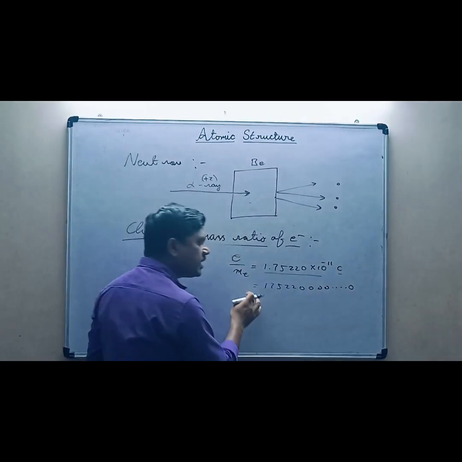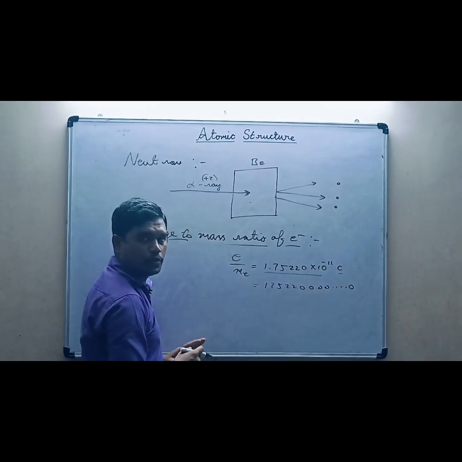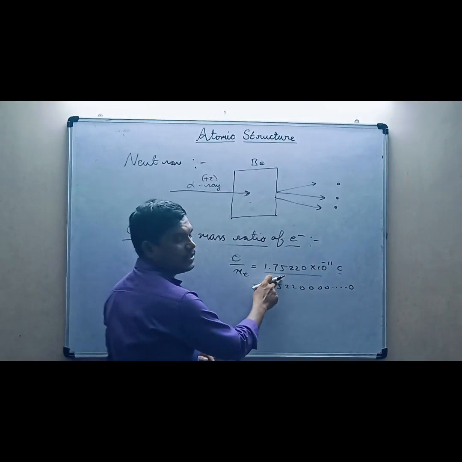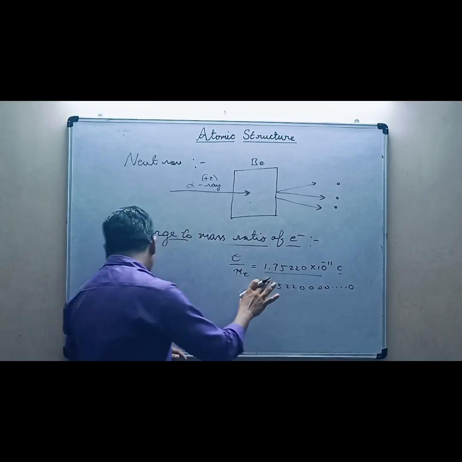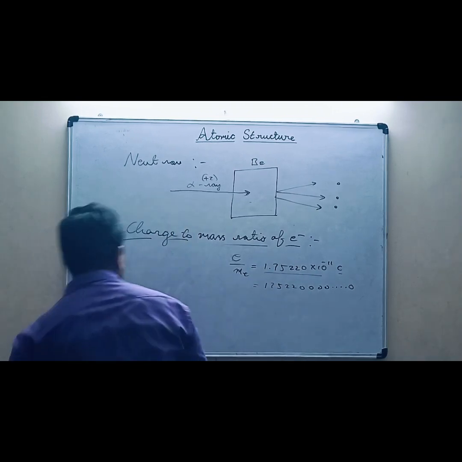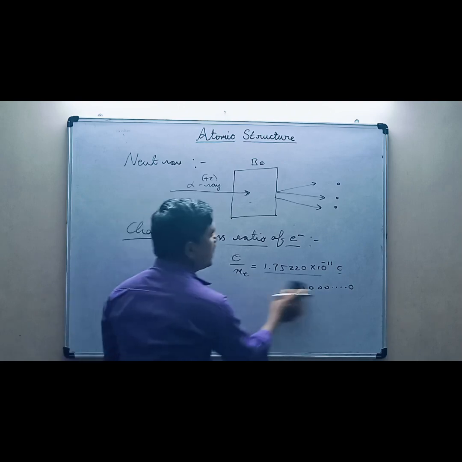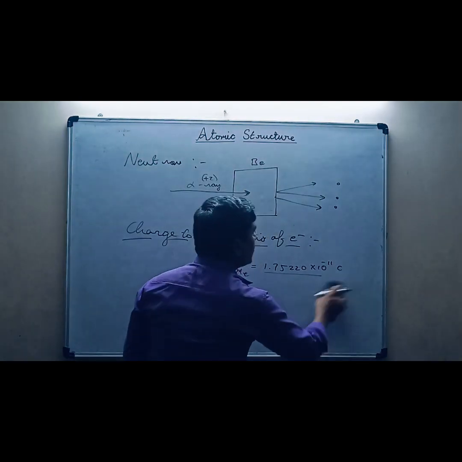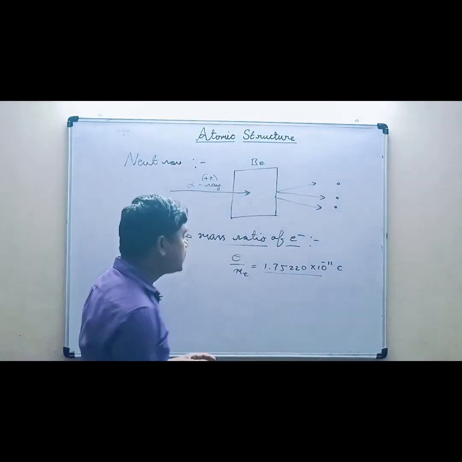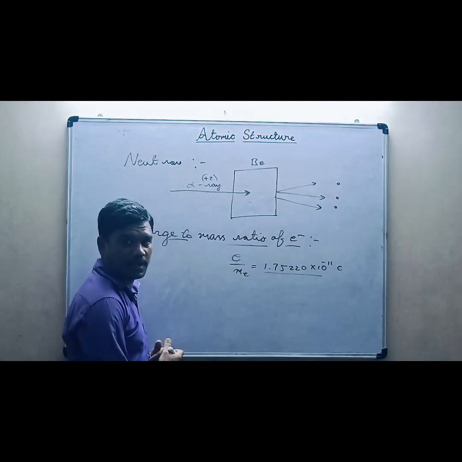So instead of writing this much value, to make it easy, they write it this way, right? So please don't take it as a very big number. It's very easy and for our understanding. So what is this? Charge to mass ratio of the electron.